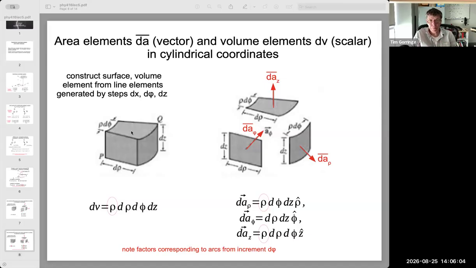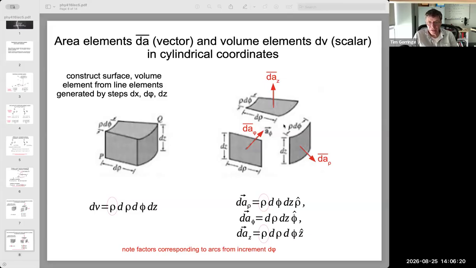So that's how we're going to construct cylindrical surface and volume elements out of the cylindrical line elements. I just want to show you a couple of examples. Firstly, a couple of words about the figures.